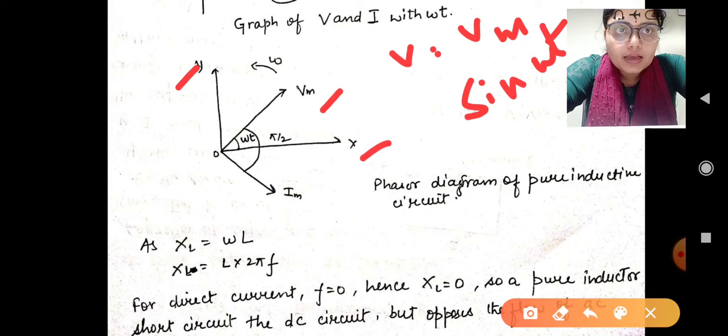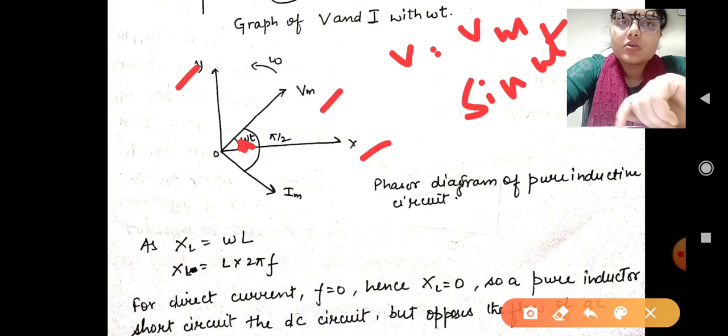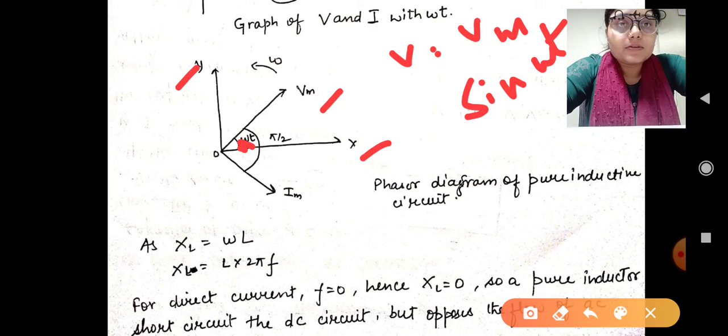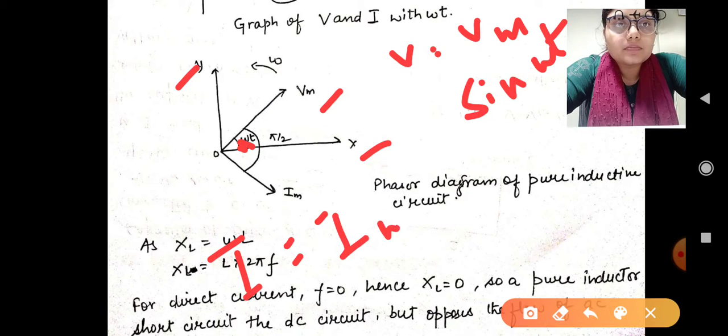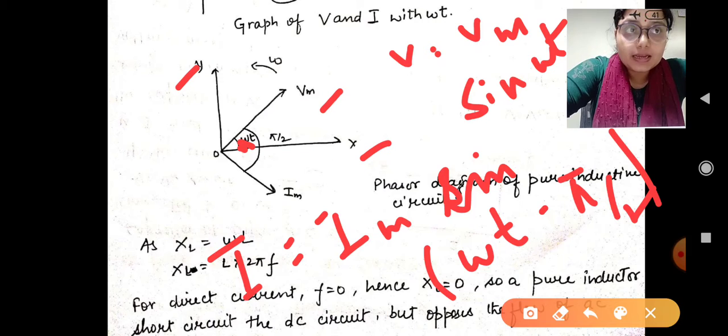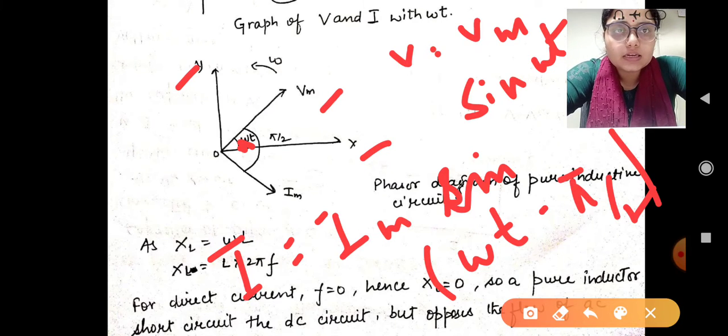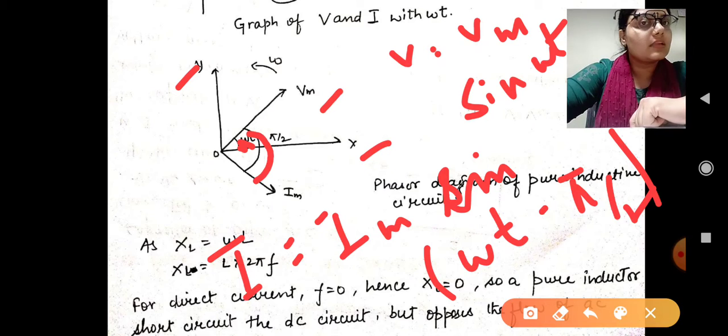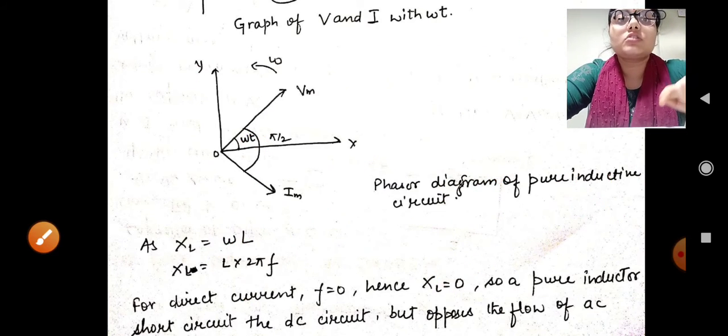Now the value of I is Im sin omega t minus pi by 2. So it is minus pi by 2. So here it is starting from decreasing the value of minus pi by 2. Clear? Like this. So this is your phasor diagram.